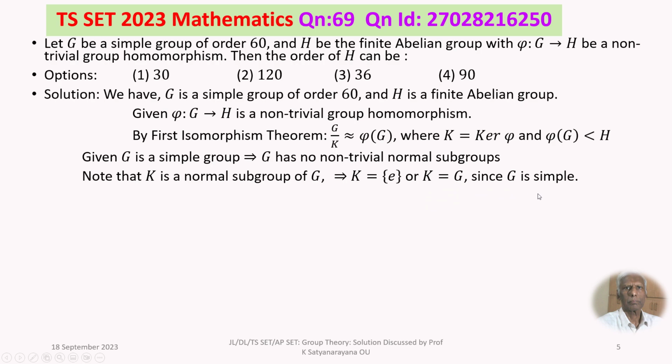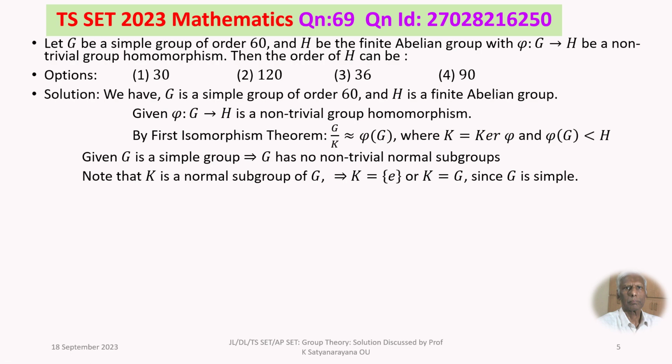Because G is simple. G is simple means it has no non-trivial normal subgroups. That means when G is simple, it has only trivial normal subgroups. Only two trivial normal subgroups.